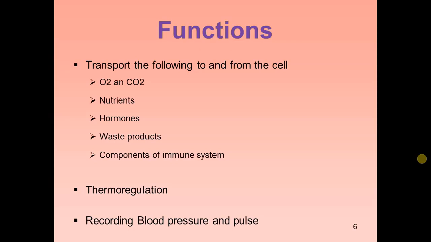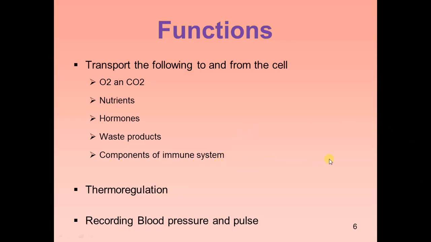Not only carbon dioxide, other waste products like ammonia, nitrate, and so on are also removed by the circulatory system. Then the components of the immune system: the WBCs, the phagocytes, and whatever is produced from the bone marrow also have to travel through the circulatory system.